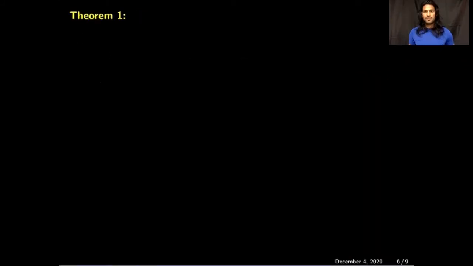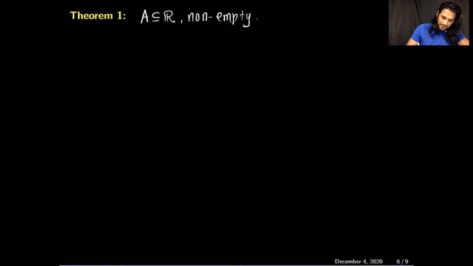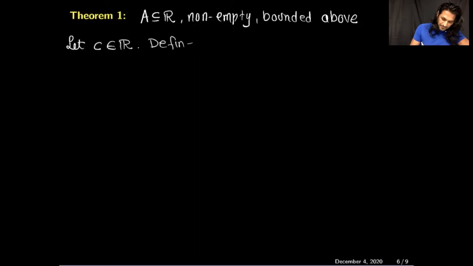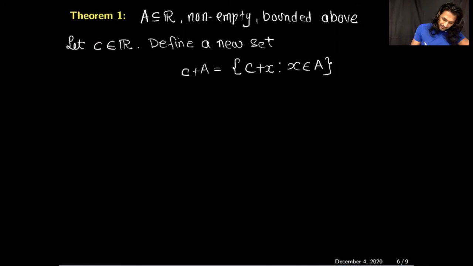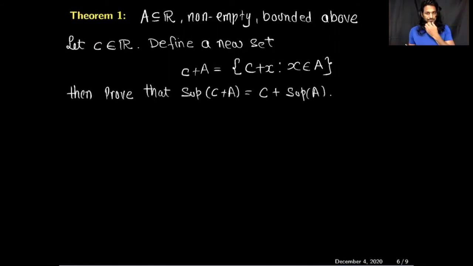Next, we will prove some important results about infimum and supremum for a subset of real numbers. Let me first write down the statement of my first theorem. So here is the statement of our theorem.